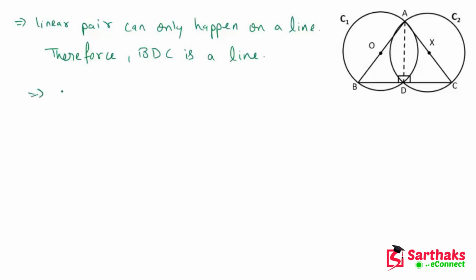It means D lies on the line segment BC, which is the intersecting point of C1 and C2. So we can say hence proved.